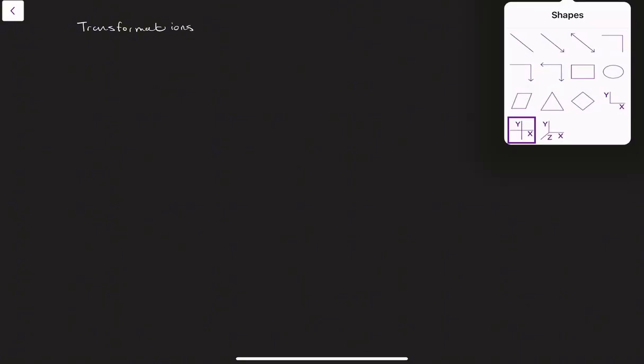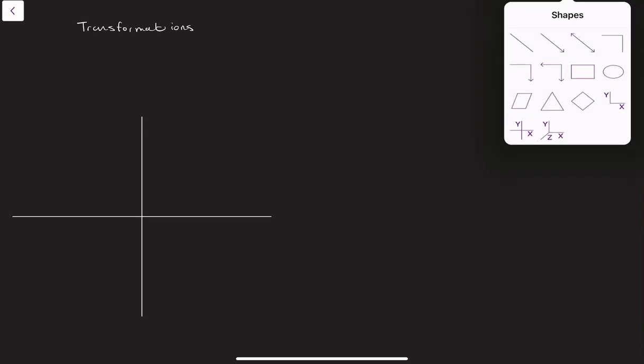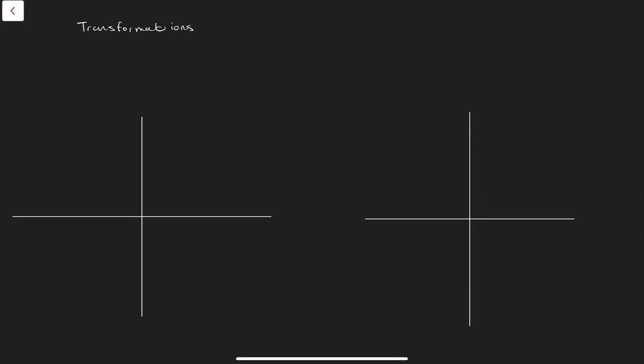Okay, so let's talk about transformations. And to do so, I'm going to need a couple graphs. Put one here. Let's put one here. Great. So the first type of function transformation we can do to graphs is a translation.